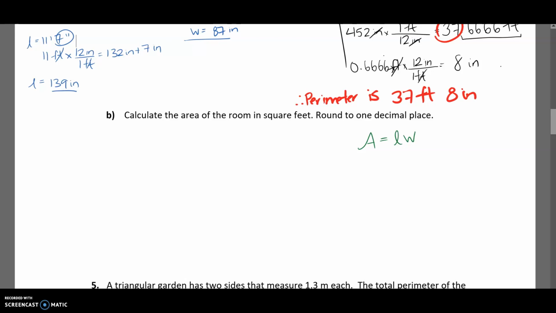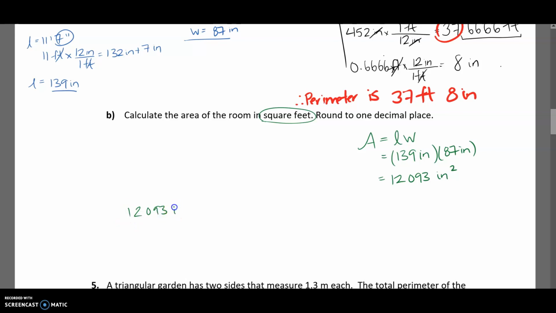I already converted to inches above, so I can use those converted values. My length is 139 inches, and my width is 87 inches. Multiplying those together, I get 12,093 square inches.